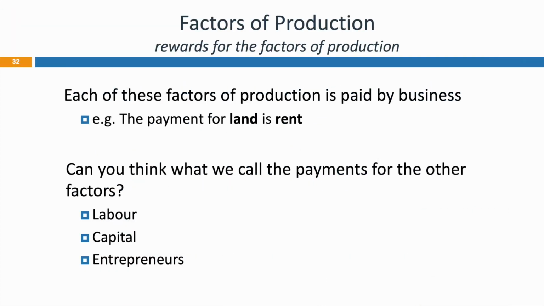Each of these factors of production is going to be paid by the business. Each of these factors of production needs rewards. The payment for land is called rent. And now, can you think what we call the payments for the other factors? I'll give you some time. Again, if it's too fast, try to pause the video and answer the questions for yourself.